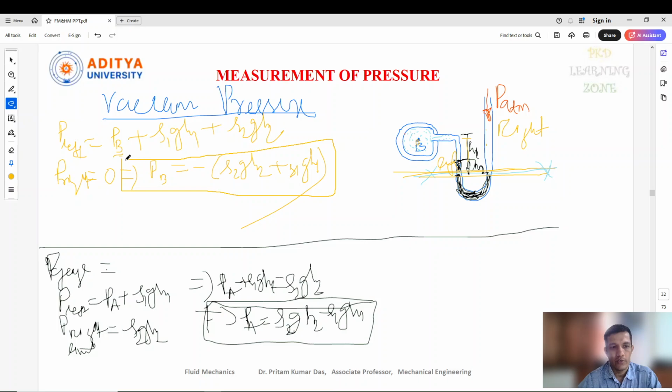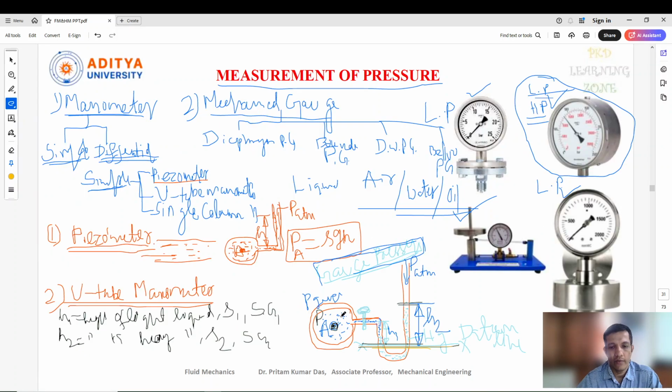Vacuum pressure always gives a negative value, so we identify the pressure at this pipe as negative for the vacuum pressure condition, and for the gauge pressure we get a positive value.